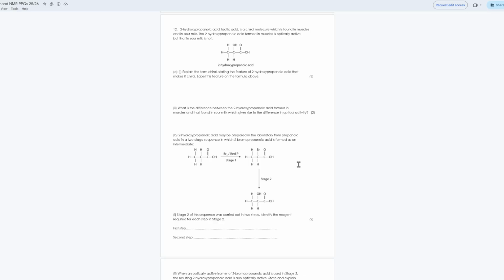Okay, so from what I know, a chiral carbon is a carbon, and I'm writing this down for myself, that contains four unique groups attached to it.